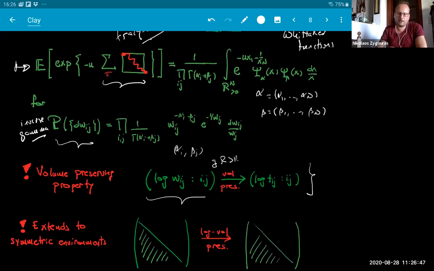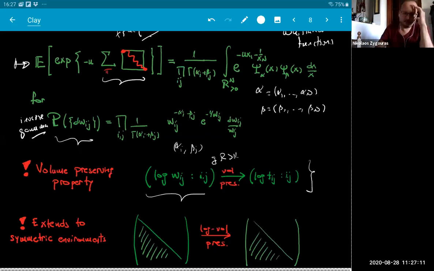So the way we proved this was by this decomposition into local moves. If you have a 2x2 local move, it is quite easy to show that the Jacobian is 1. And if you have many compositions of local moves, each one is volume preserving, so the final result is also going to be volume preserving.